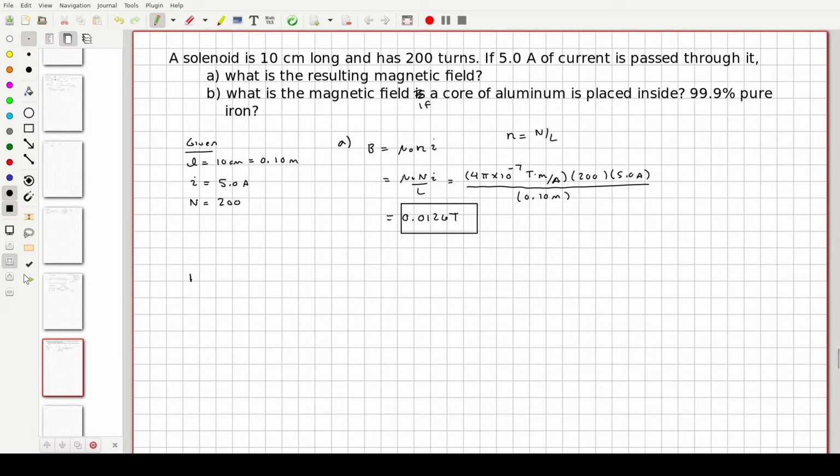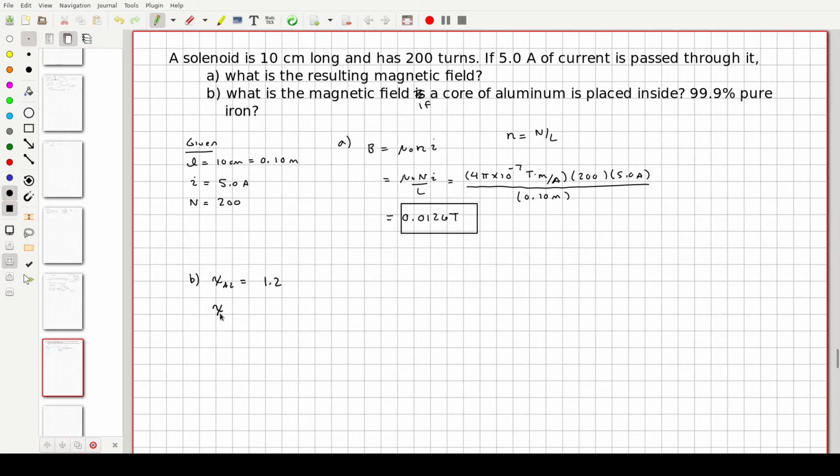Now what about part B? Well, the way you get from A to B is through either the susceptibility or the relative permeabilities of aluminum and of iron. Now I'm gonna use susceptibility just because that's the word of the day with respect to magnetism right now. And the susceptibility of aluminum from a magnetic standpoint is 1.2.